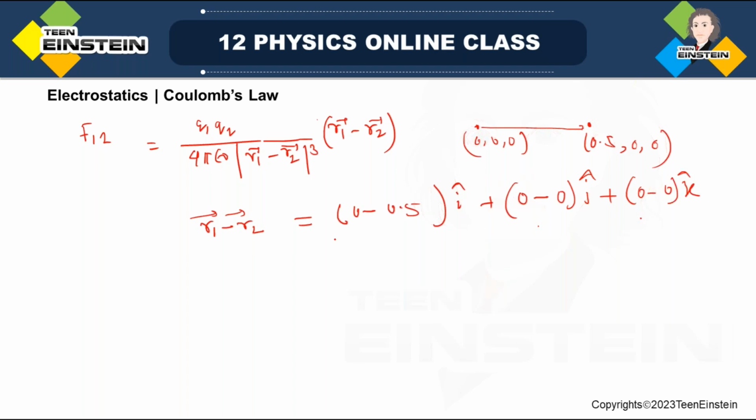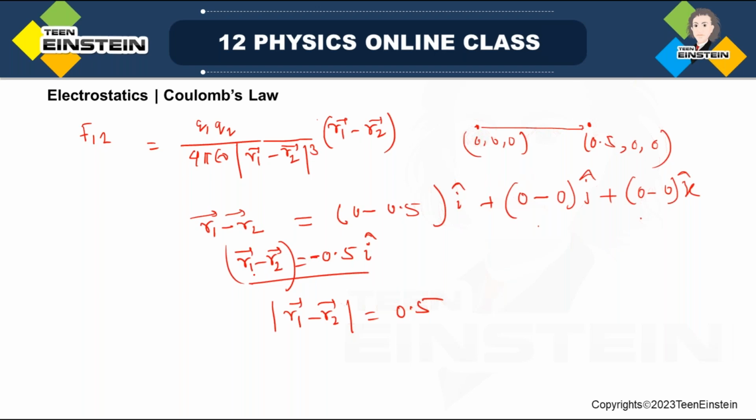So this is actually minus 0.5 i cap. This is r1 vector minus r2 vector. So this is the thing. And now if we take the mod of that, then obviously this will be just 0.5. That's all we'll have. So we have 0.5, and the vector is 0.5 i with a minus sign.